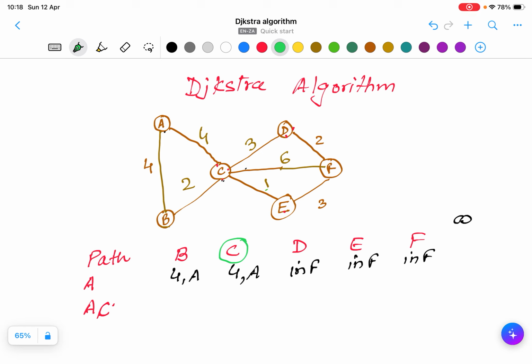If we want to reach B through C, the cost will be 4 plus 2, so that will be 6. So this cost or the route will remain the same. We will not change it because it already has 4 as the cost. Then C, obviously it's the same node, so it will remain the same.